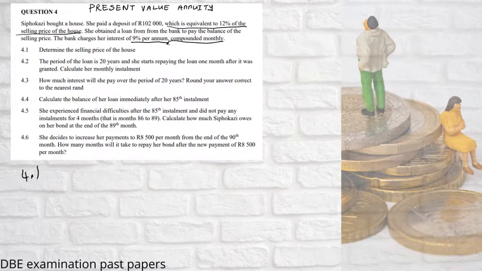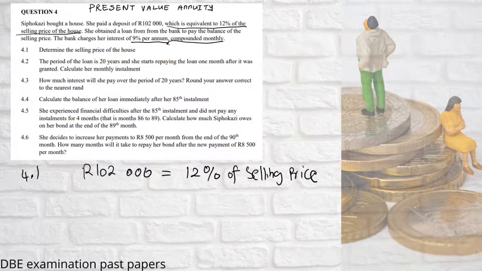4.1: determine the selling price of the house. What we have now is that 102,000 rands is equal to 12% of the selling price of the house. When they say 12% of the selling price, you remember in grade 9, "of" means we are multiplying.